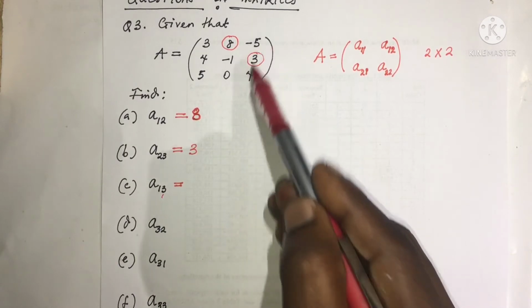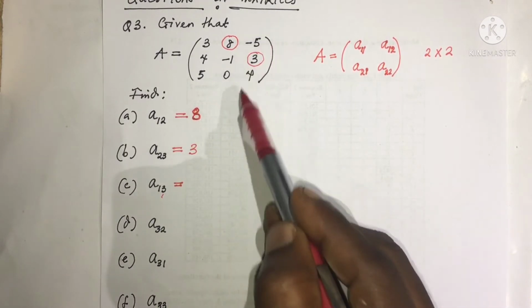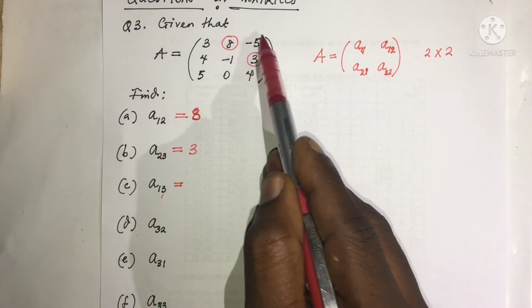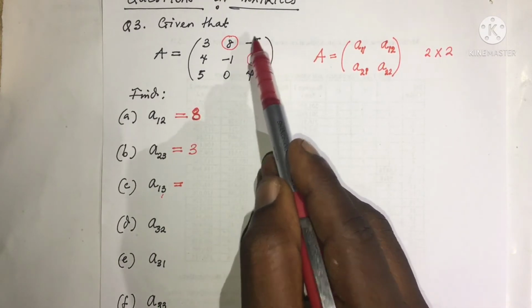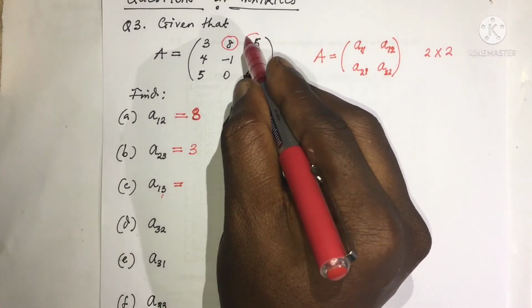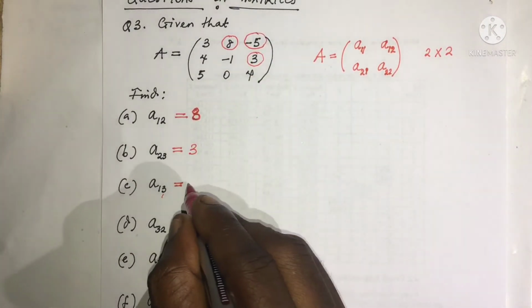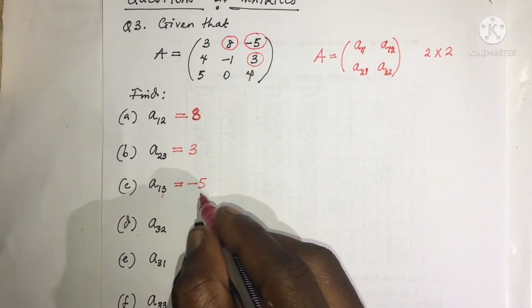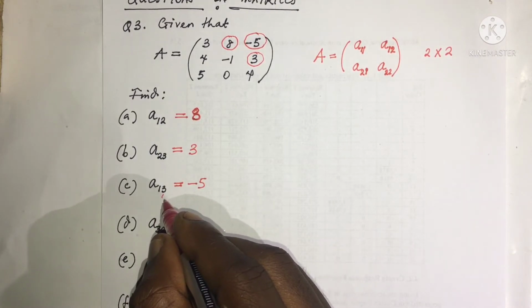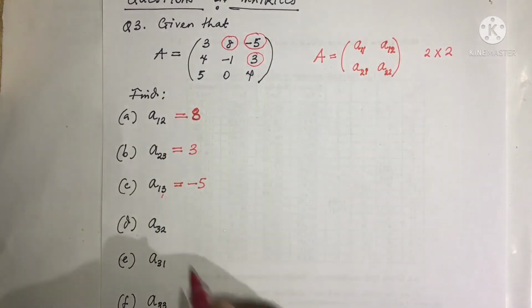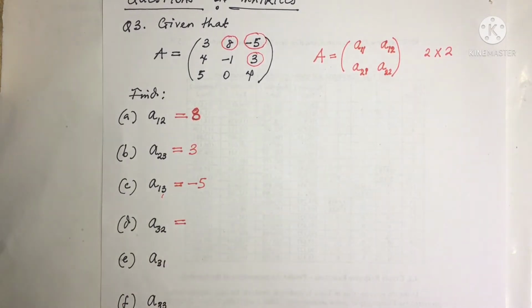So the third column is this column, and the third number in that row is -5. So in this case, our result will be -5. So -5 is the number occupying the first row but third column. Okay. Now let's move over to the next.